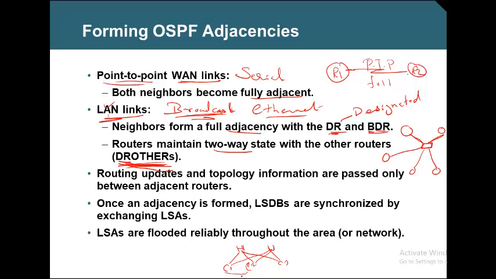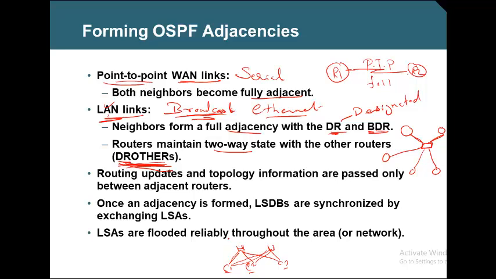They will be ready to share with the daddy and mommy, but not to sister. So what I'm trying to say is the C1, C2, C3, they don't have full adjacency. They don't have full adjacency. But they have full adjacency with father and mother.